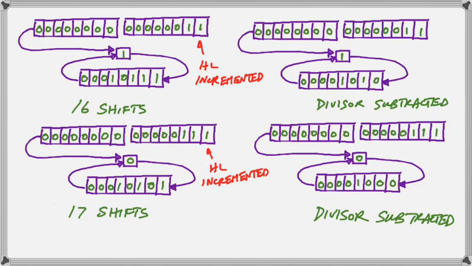Then we do another shift, and after we've done the shift, we increment the HL register pair. Now, the shift and the increment are shown on the same diagram, but you should realize that shifting will create a 0 on the rightmost bit, which, when we increment, will become a 1.